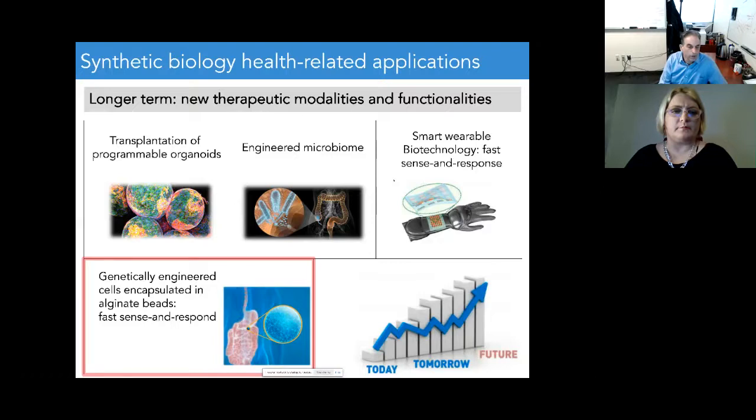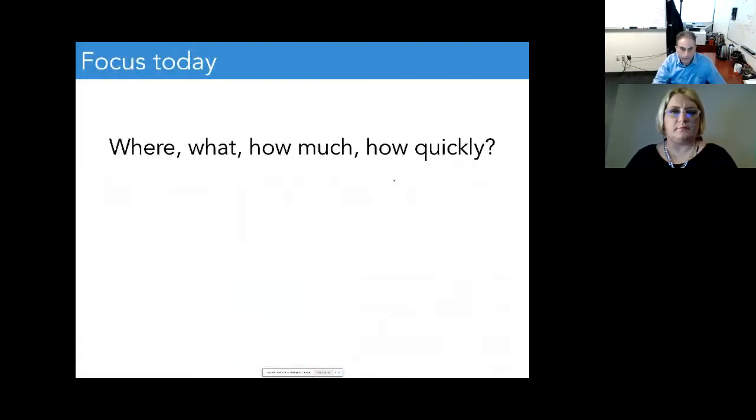Or something I'll talk about is encapsulating cells into beads and then putting them into your body so they can sense if there's some kind of malfunction. And if there is a malfunction, they quickly notice that and can correct it. If your sugar levels are wrong, or you have an impending heart attack, for example. These are the kinds of things that we're thinking about. So, a quick sense and response.